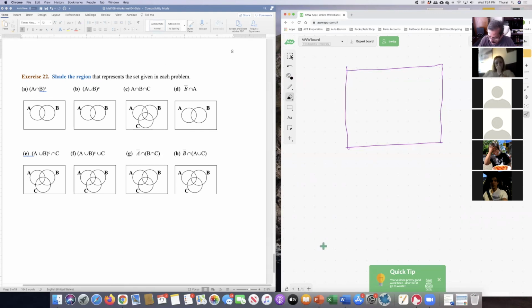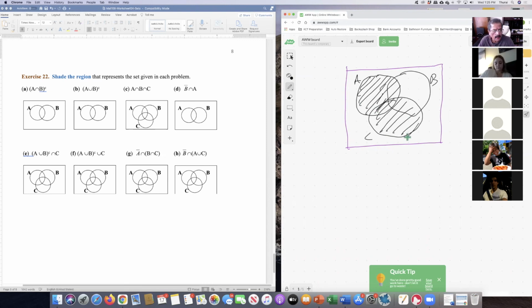Okay, so A union, I'm going to use colors. All right, so I have A here, B, and C. Now, A union C, I'm going to shade A union C. A union C is this, shaded in black. Oops, all of that.